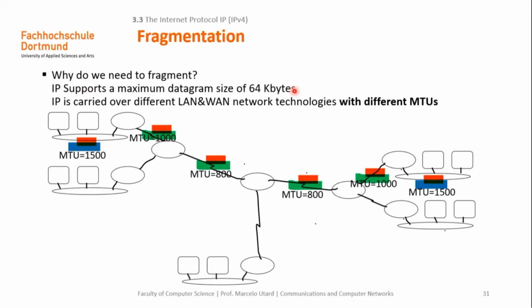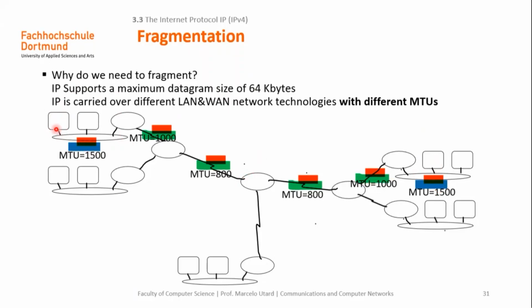Then, if we need to transmit an original datagram larger than, for instance, 1,500 bytes, that is the MTU of Ethernet, we need to perform some kind of fragmentation at the origin in order to send all that information across the network. And finally, at the destination, all those fragments will be reassembled.